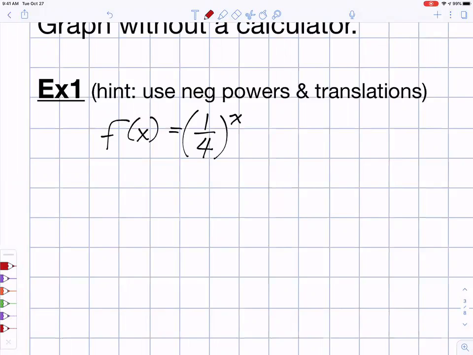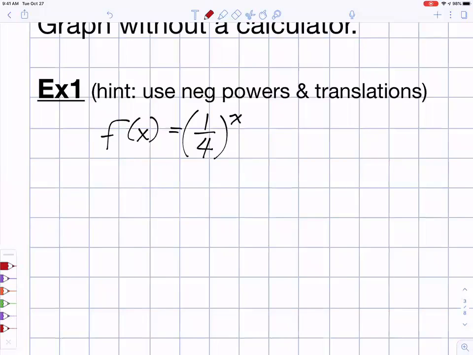So, do you like the 4 on the bottom? Because, I mean, that's a fraction, right? Wouldn't it be nice if we could move the 4 to the top and the 1 to the bottom? I can do that by rule number 7. I'm allowed to move tops and bottoms as long as I negate or change the sign of my power.